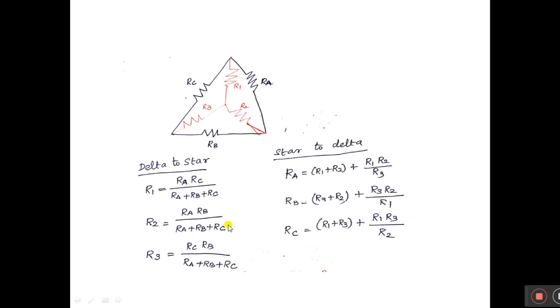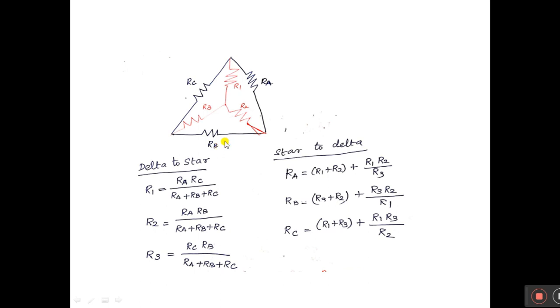Similarly, if you want to convert star to delta, better to superimpose both the values, then easily calculate. Suppose I want the value of RA in the delta network: RA equals R1 plus R2 plus R1 into R2, and the resistor not available in this combination is R3, so you put R3 in the denominator.